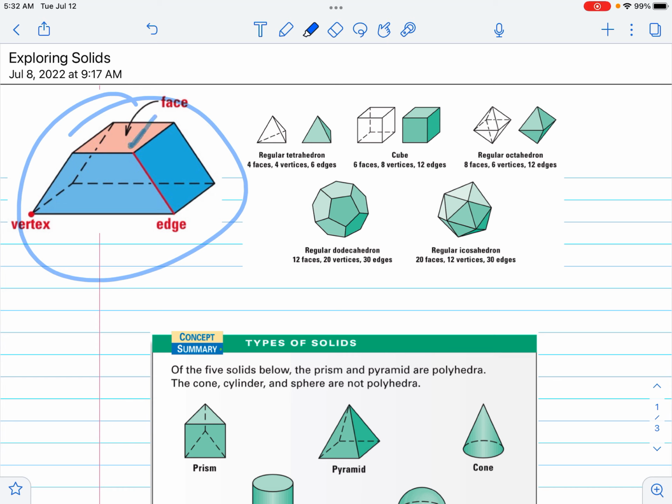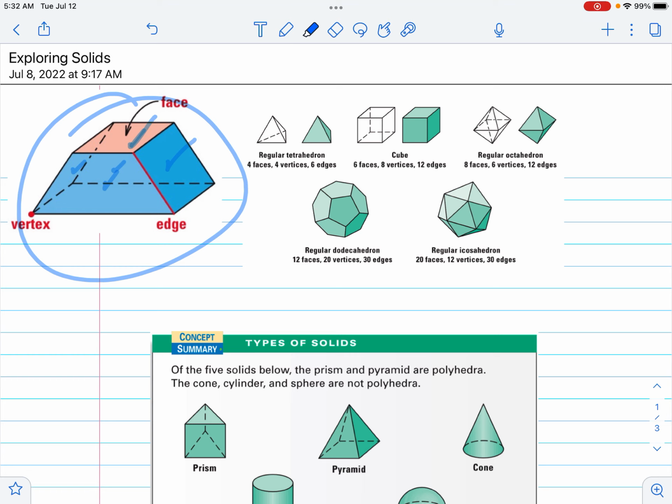Here's a quadrilateral, quadrilateral, quadrilateral. All these quadrilaterals come together to make this solid. They don't have to be quadrilaterals. This particular polyhedron has all quadrilaterals forming it.